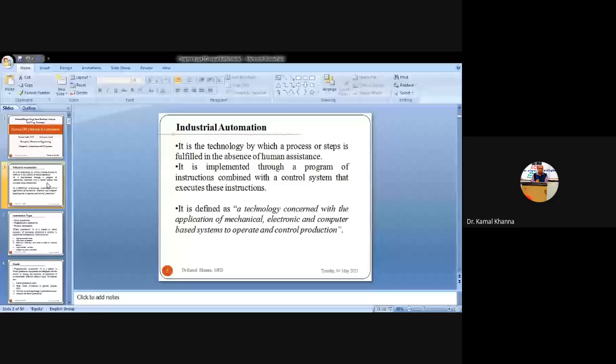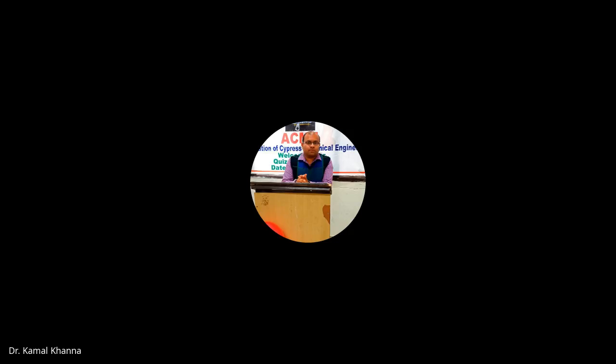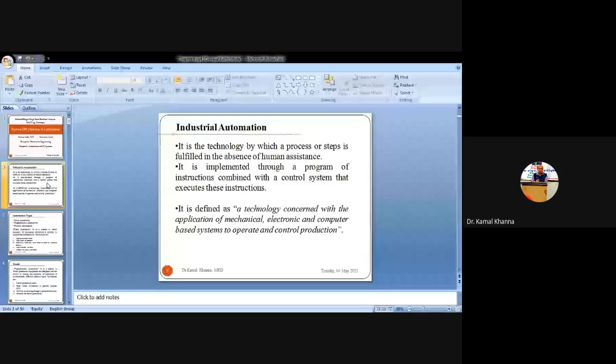In conventional machines, the industry was totally dependent on humans and the efficiency of the workers. If the worker was skilled, then the operation would be accurate.